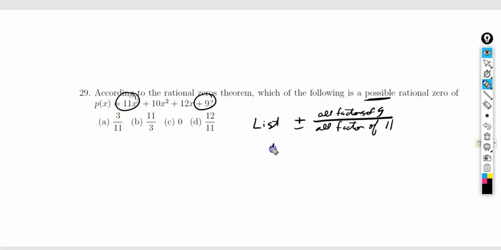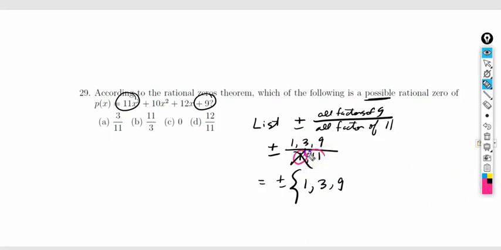So my list is going to be all possible fractions you can make using the factors of 9 and the factors of 11. So if my denominator is 1, I'm going to get 1 over 1, 3 over 1, and 9 over 1.